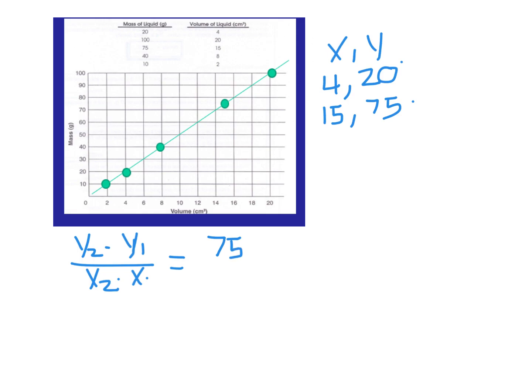75 minus 20. And then I've got 15 minus 4.